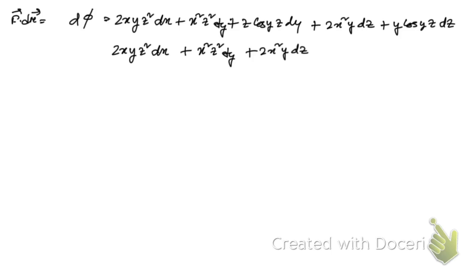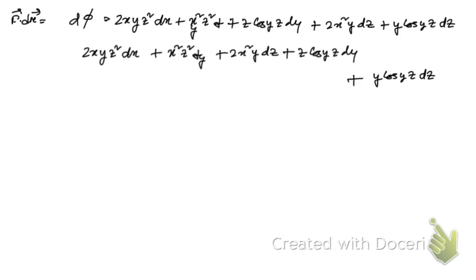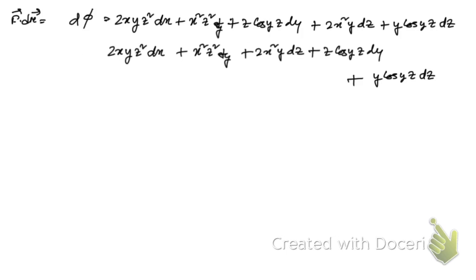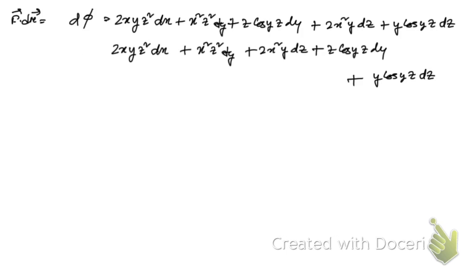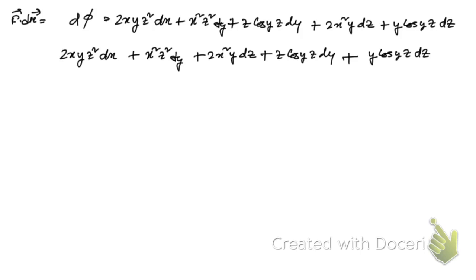Then let me write plus this term, that is z cos yz dy, then plus the last one. I have rearranged the order of the terms. Nothing is changed here, only the order of the terms is changed. So this is what we have got, right?